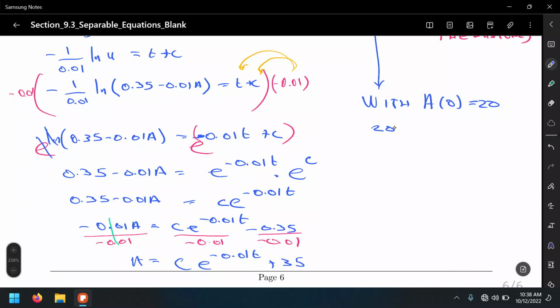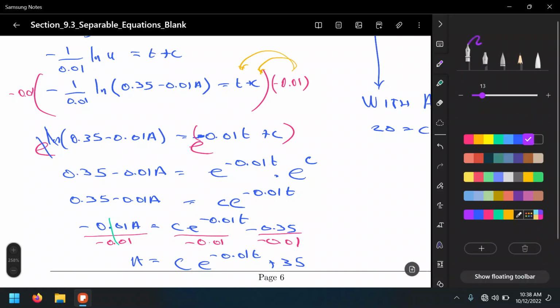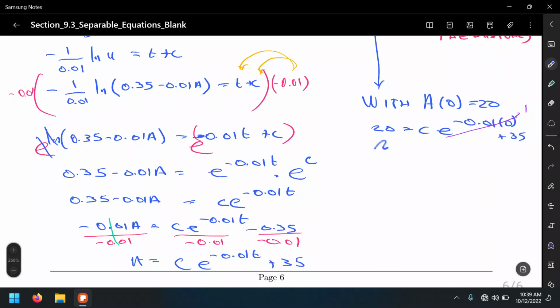So that's going to be 20 equals C e to the negative 0.01 times 0 plus 35. Negative 0.01 times 0 is just 0, and e to the 0 is just 1. So what do we have? 20 equals C plus 35, and in this case C will be equal to negative 15.